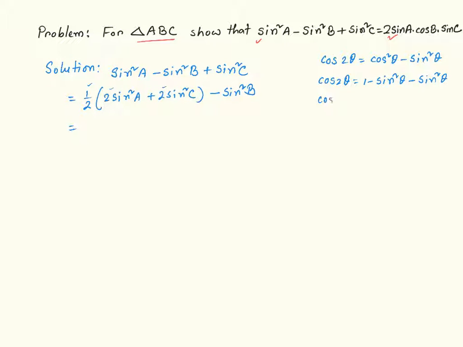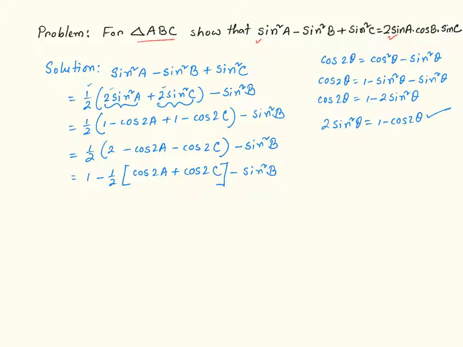Then cosine of 2 theta is equal to 1 minus 2 sine square of theta. So then I can write this as 2 sine square of theta is equal to 1 minus cosine of 2 theta. And I am going to use this relationship to simplify this and this. So this is what we get here, using this formula.